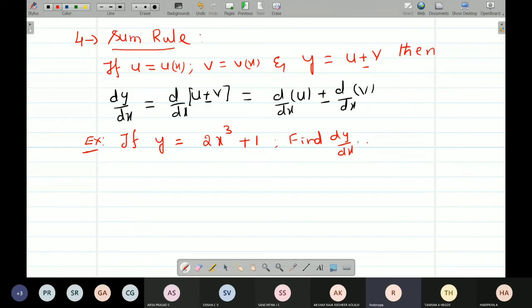Now to find dy by dx, what do we have to do? The solution says dy by dx is equal to d by dx of y. Y is 2x cube plus 1. Here 2 is a number and here 1 is also a number.